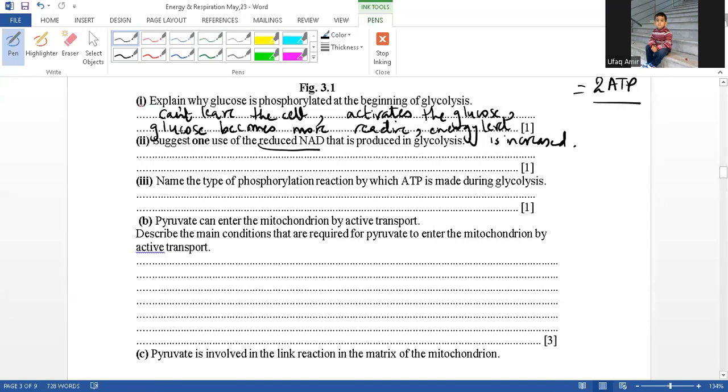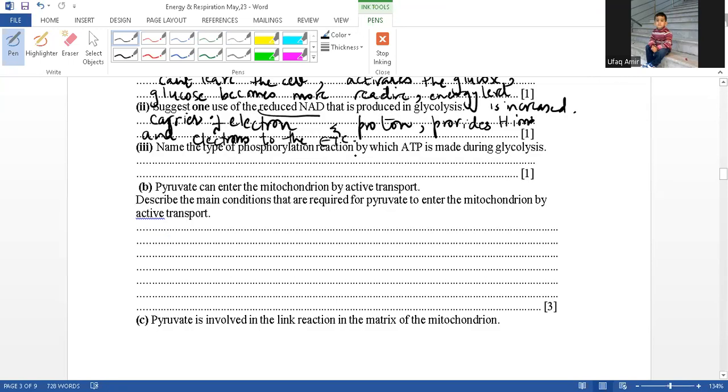So it is used for redox reaction, and simply it is a carrier of electrons and protons, and it provides hydrogen ions and electrons to the electron transport chain at the end.